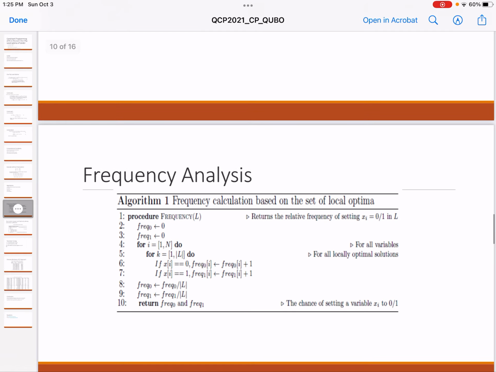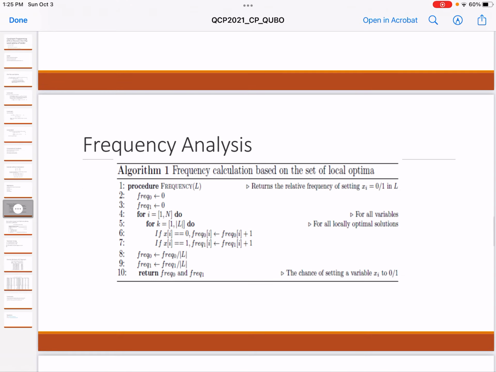So we proposed a simple learning based heuristic that relies on the frequency of these variables. So how often were these variables set to 1 or 0 in that set of one flip local optima, and we store that information in the lists frac 0 and frac 1. So frac 0 will store the chance of setting a variable xi to 0, again based on the set of one flip local optima that we obtained very efficiently.